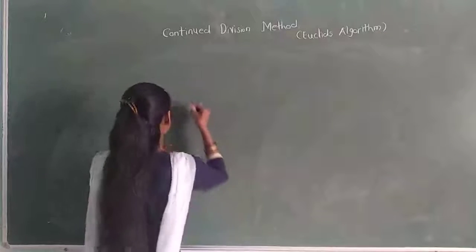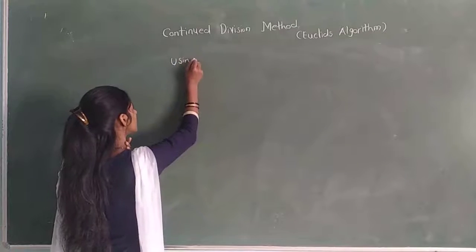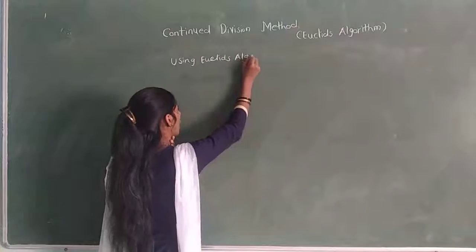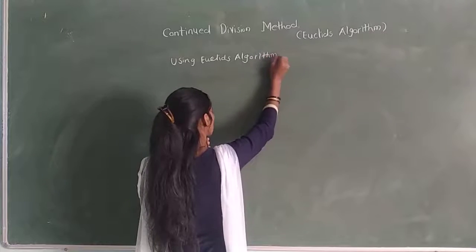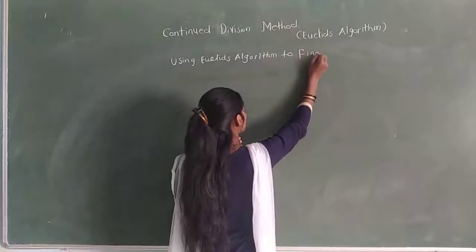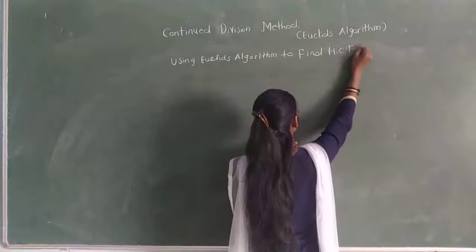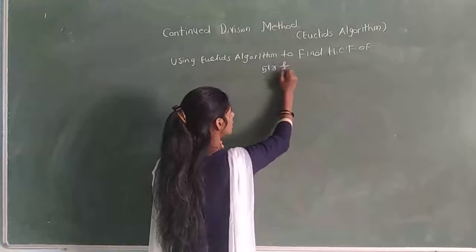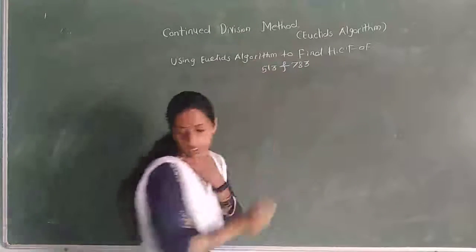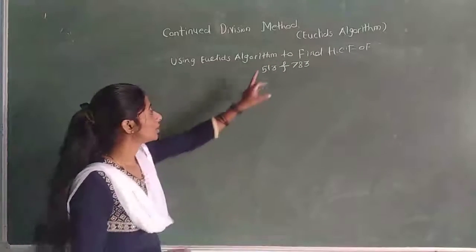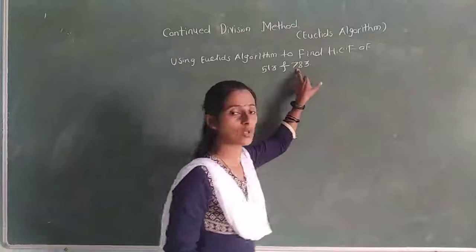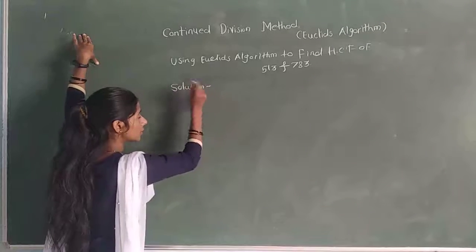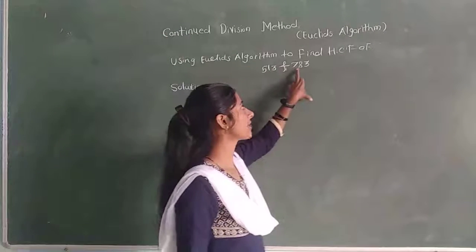Now an example, using Euclid's algorithm to find the SCF of the previous example, that is 513 and 783. Solution. First, 513 and 783.